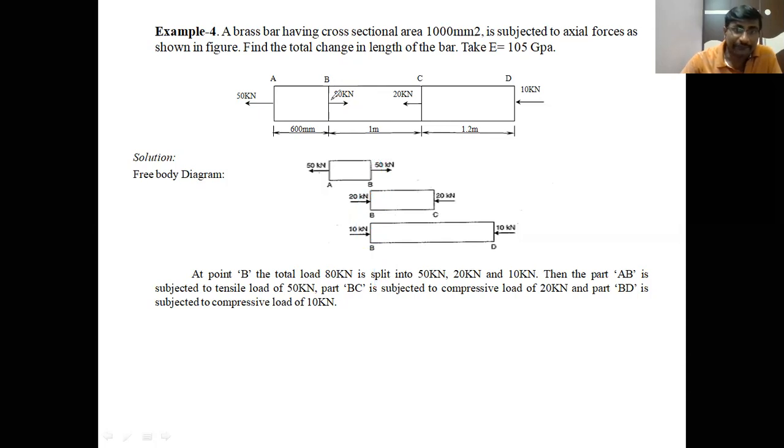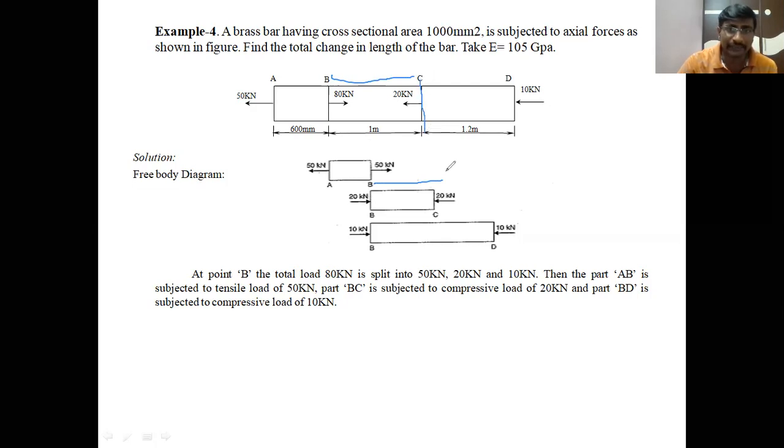Here, the effect of the 80 kilonewtons at point B is equal to the effect produced in section AB, which is 50 kilonewtons, plus the effect produced by the 20 kilonewtons, plus the effect produced by the 10 kilonewtons at the same point B. Adding these three individual effects gives the total effect produced by the 80 kilonewtons. This is the principle of superposition. So by taking the BC section, that is the 20 kilonewtons. Why do we put that 20 kilonewtons?